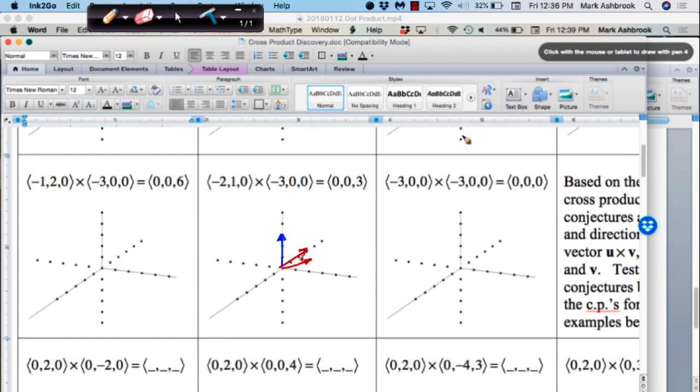Then, based on those 7, you have all these ones below in your worksheet. You're going to draw the first 2 the same way I draw the 2 red ones, and then look for one that's similar to one of the first 7 and see if you can guess it. I'm not asking you to do any math. You're trying to make your best educated guess on what the resulting cross product would be just by studying the first 7.